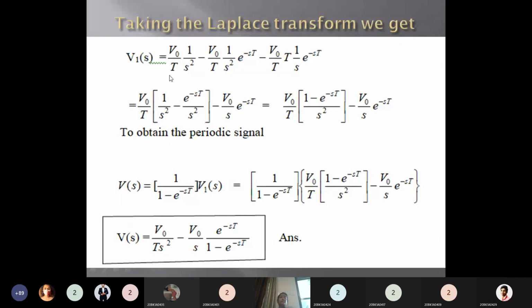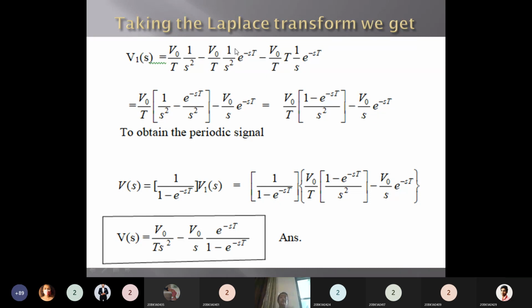Yes, ma'am. After this step, just see V naught by T I have taken again here common. If you want, you can take the common, or otherwise you can consider this as a common in the last step also. No problem at all. So V naught by T as a common, then 1 by S square minus V naught by T, but here T gets cancelled in this last term.